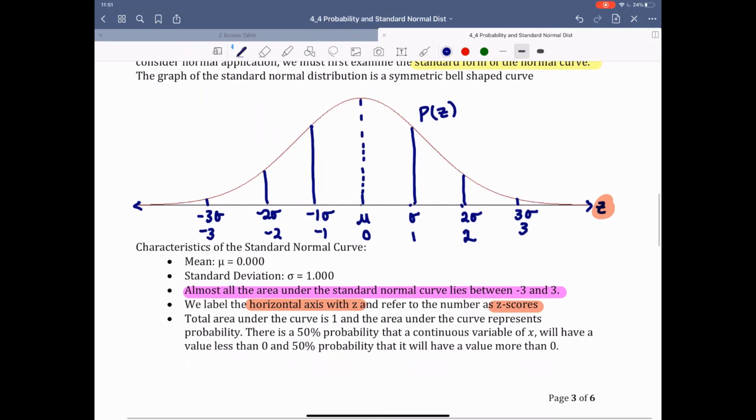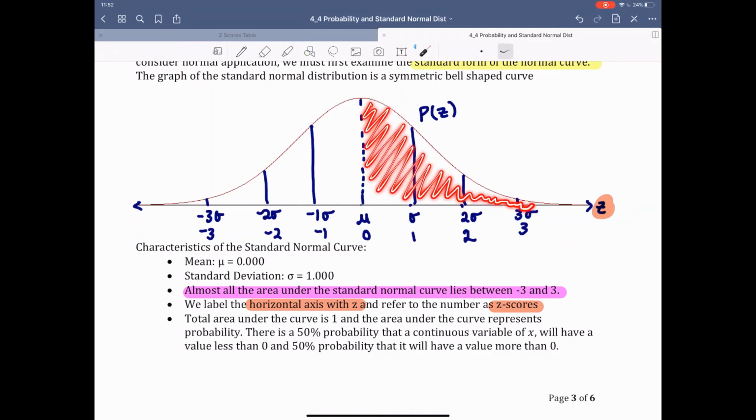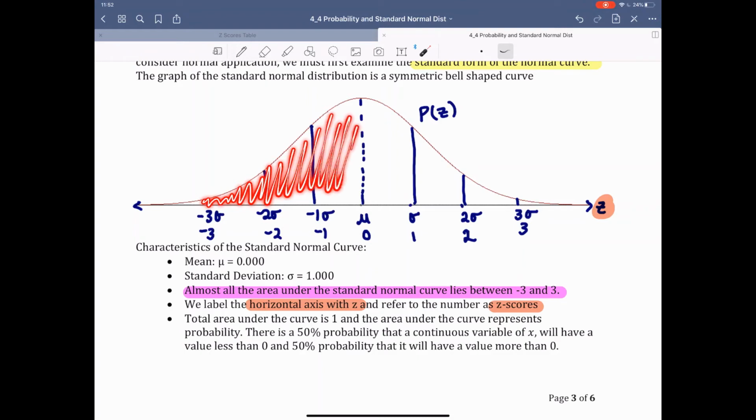So in other words, if we were to calculate the area under one side of our curve, that probability would be equal to 0.5, and the probability of being less than the mean is also equal to 0.5, so it's half each.